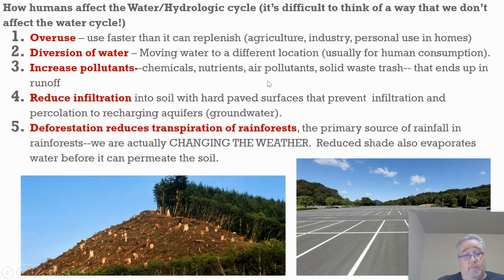The last thing, which is kind of an important thing, is deforestation. You would think, well, removing trees, how would that affect the water? But remember transpiration. Transpiration is one of the major ways that water can get back into the atmosphere. So if you remove trees, then you're removing their ability to allow that transpiration to happen. Another thing that trees are really important for is shade.